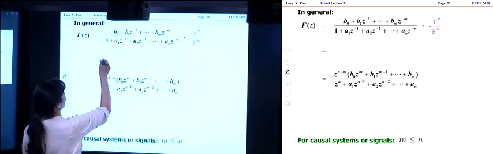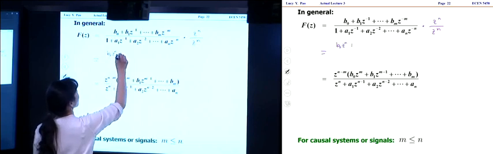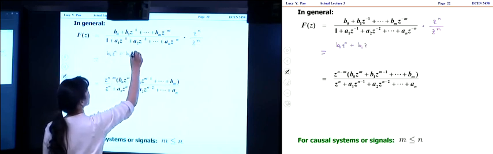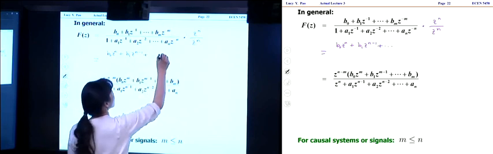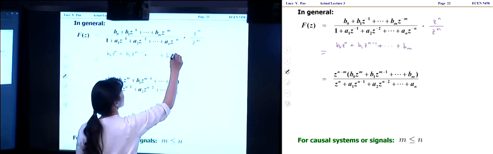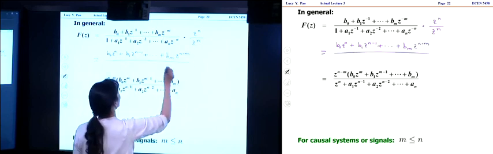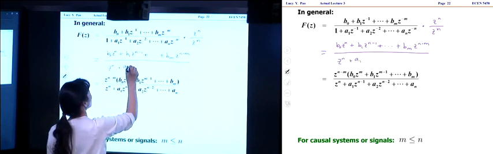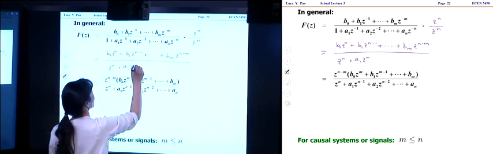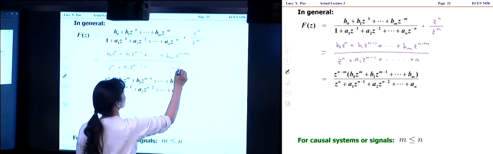And of course then you'll get b naught z to the n plus b1 z to the n minus 1 plus up to b sub m z to the n minus m over z to the n plus a1 z to the n minus 1 plus up to our constant term an.